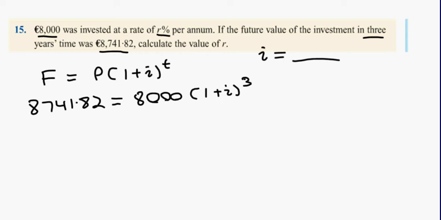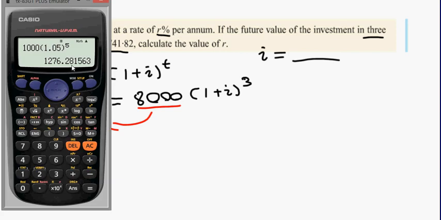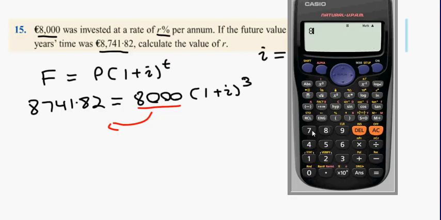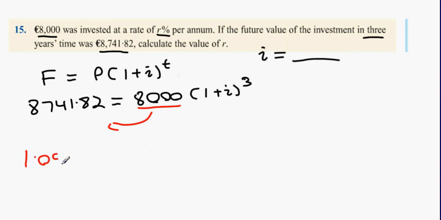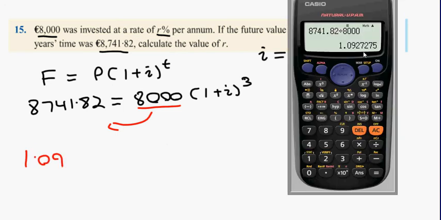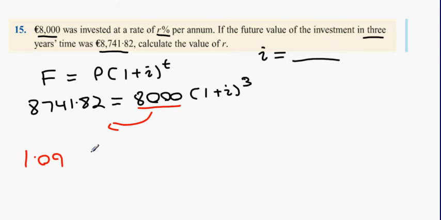First things first, we're going to divide: 8,741.82 gets divided by 8,000. Okay, and we get this number here, 1.09. Now don't get rid of any of these numbers. 1.09272.75.